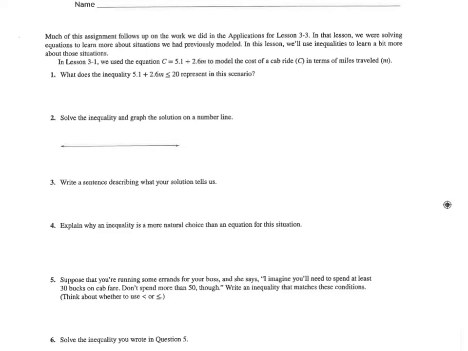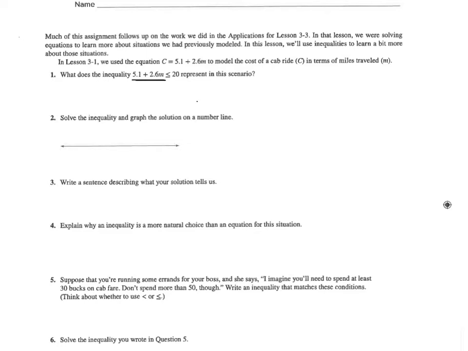In lesson 3-1, we used the equation C equals 5 1/10 plus 2 6/10 m to model the cost of a cab ride, C, in terms of the miles traveled, m. So they're asking us, what does the inequality 5 1/10 plus 2 6/10 m is less than or equal to 20 represent?